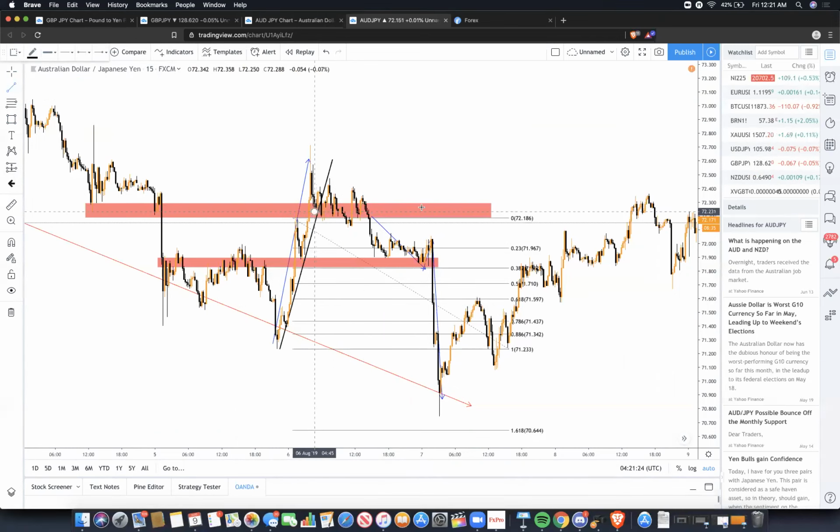I'm identifying the resistance. And once I identified that the market respected that area, I'm looking for what? The last touch. If this was the last touch, and I saw that the market couldn't break it or respect it, I would have known the importance.